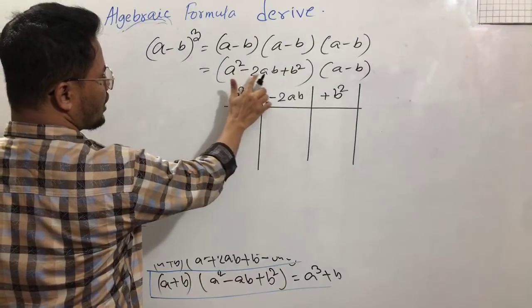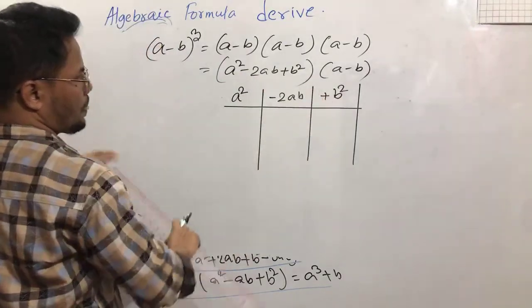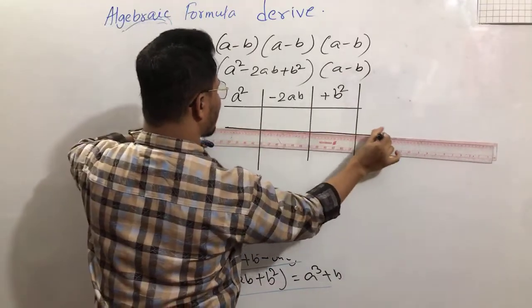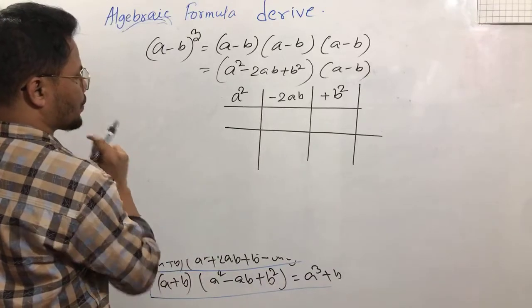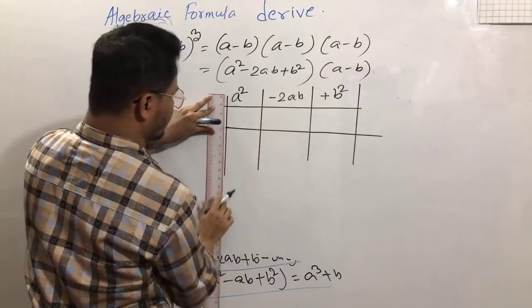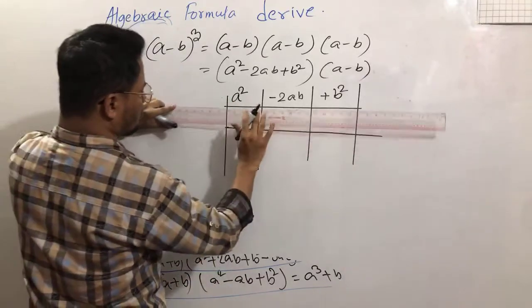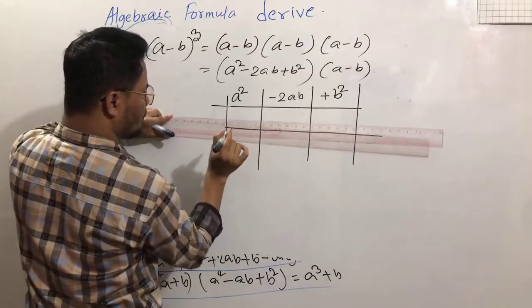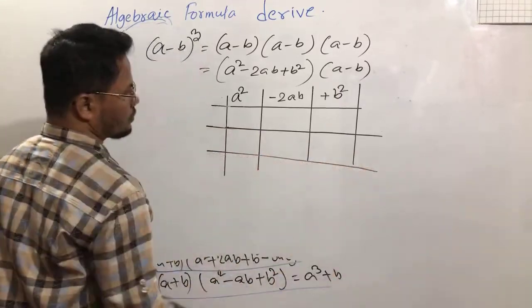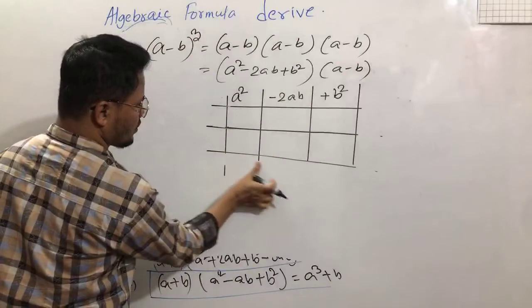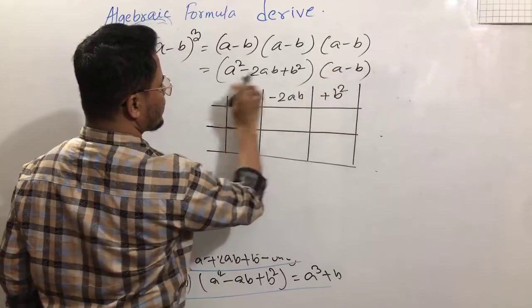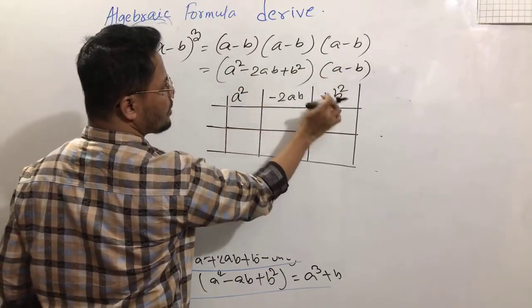First one: a square minus twice ab plus b square.